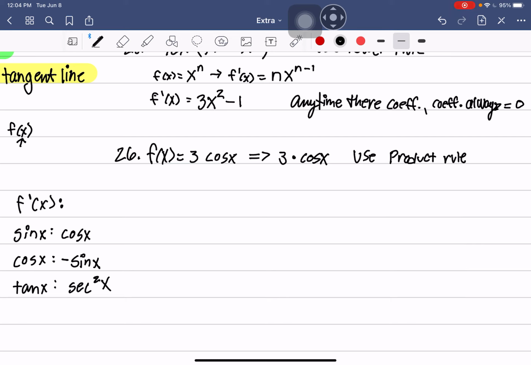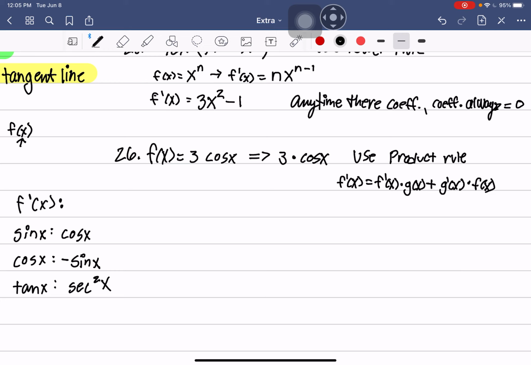And that says f prime, the derivative of f, is equal to, we do f prime of x times g of x plus g prime of x times f of x.